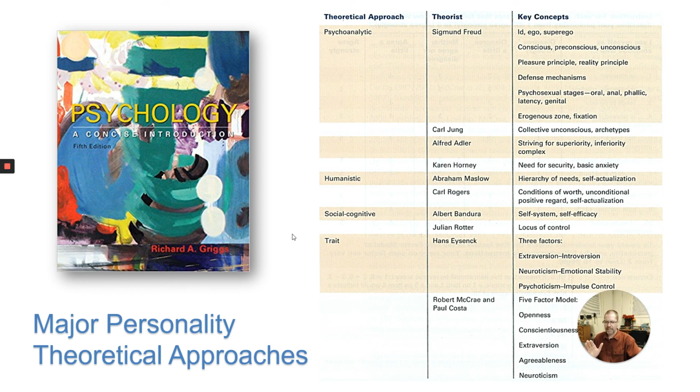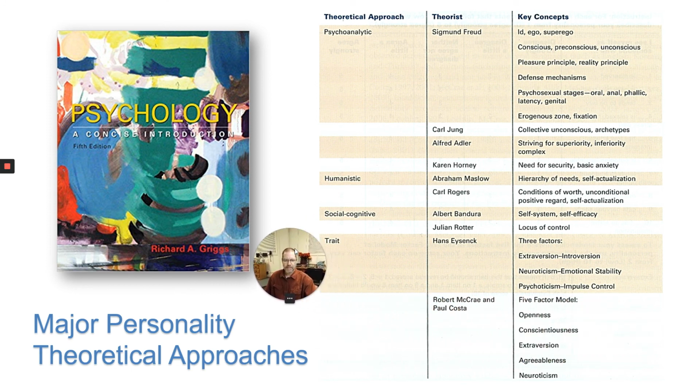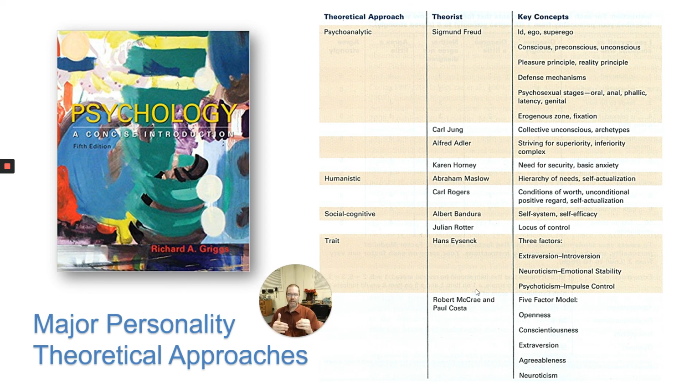Major personality theoretical approaches. I got this out of Grigg, if I'm not getting ahead of Grigg's. So here's a table in there, if I can move myself out of the way here. So here's a table, and we've talked about these, right?